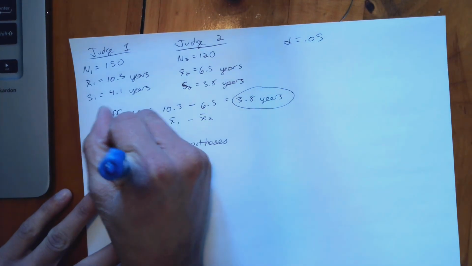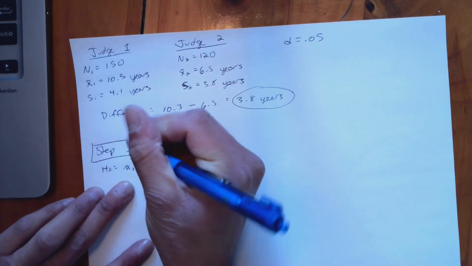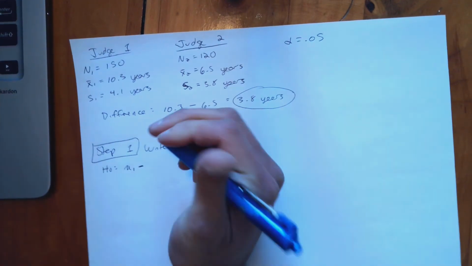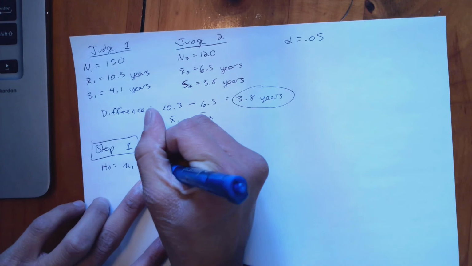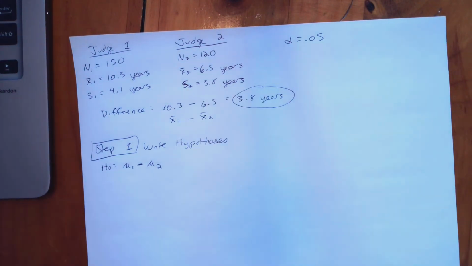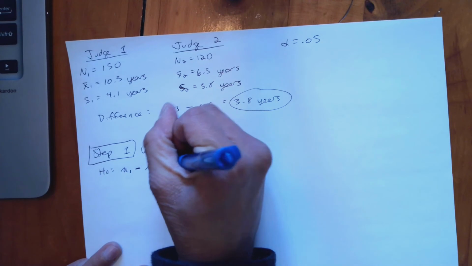So our null hypothesis is that in the population of sentences given out by Judge 1 and the population of sentences given out by Judge 2, there's no difference.